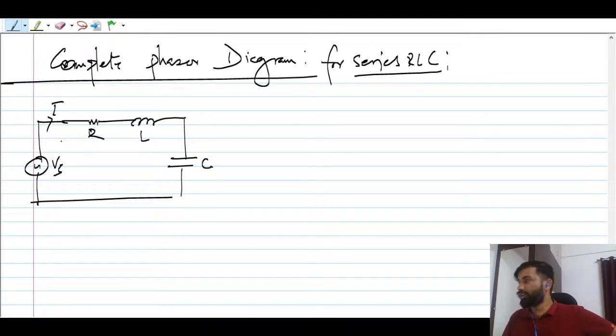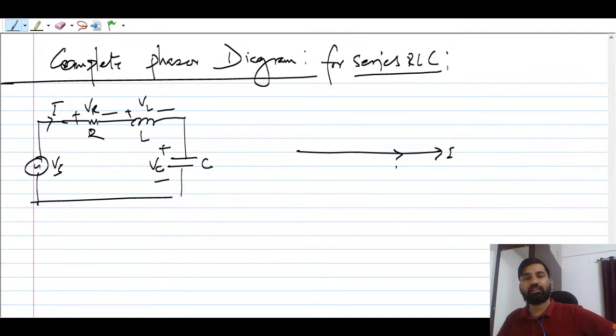You can talk about some voltages here: voltage VR, VL, and the voltage across C is VC, and this is the total voltage. The reference is going to be current, and this is VR. VL and VC will be the same.